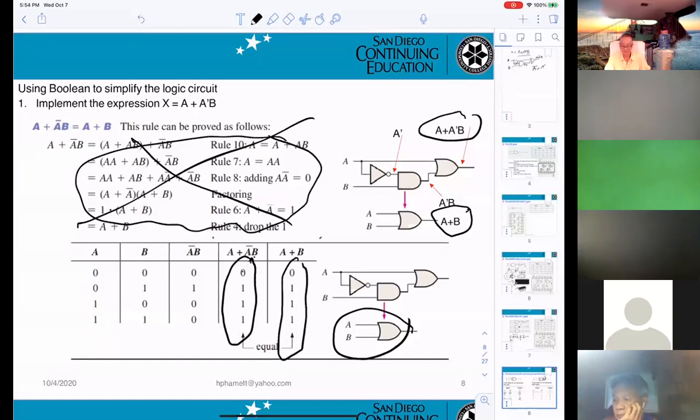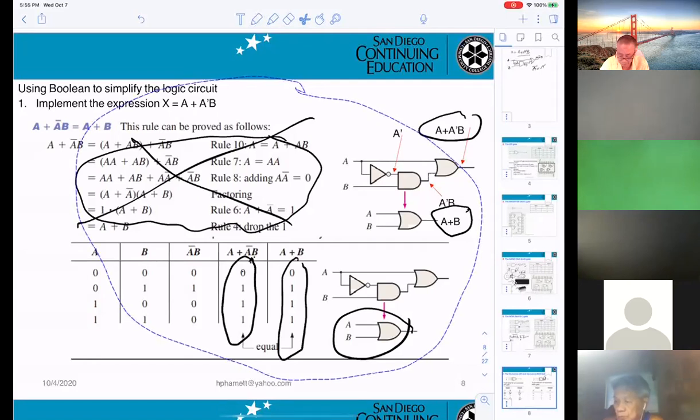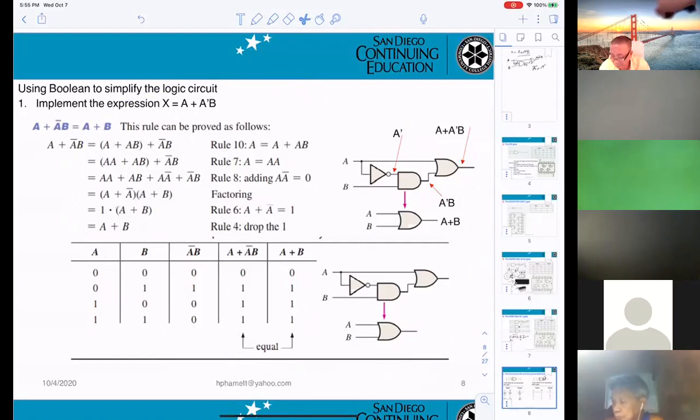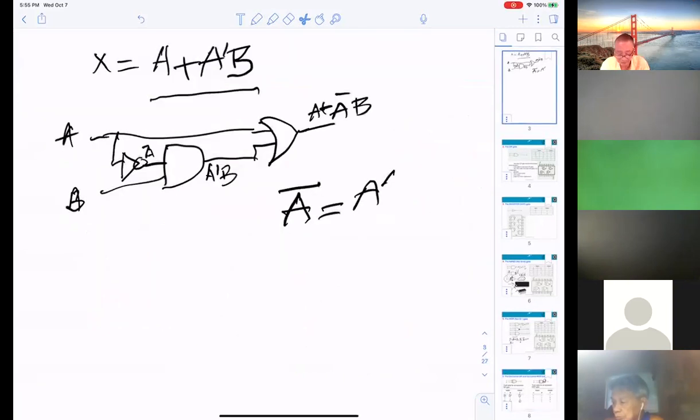Then now you can draw. Okay, now try one more.